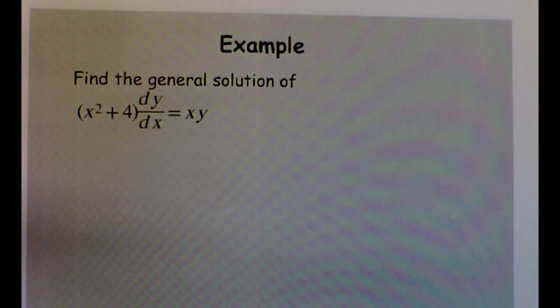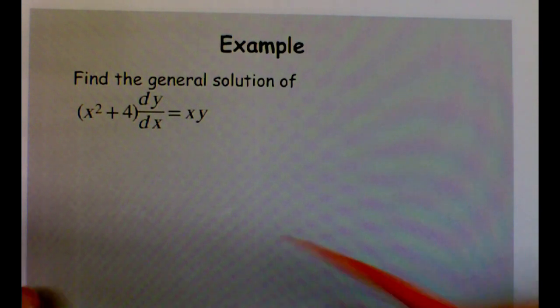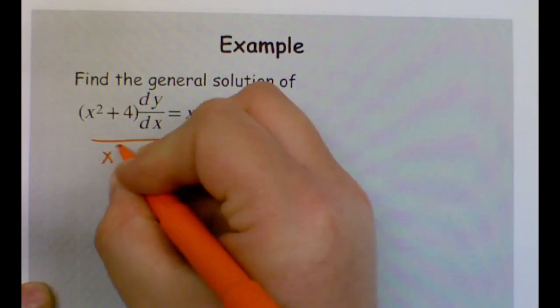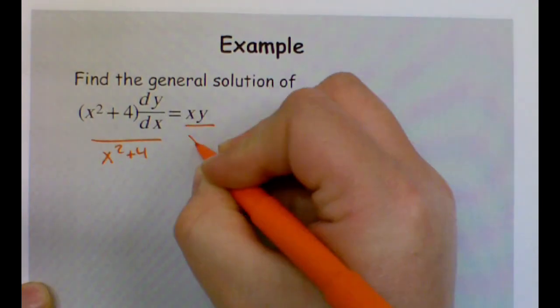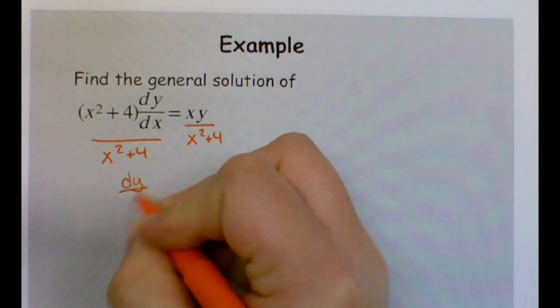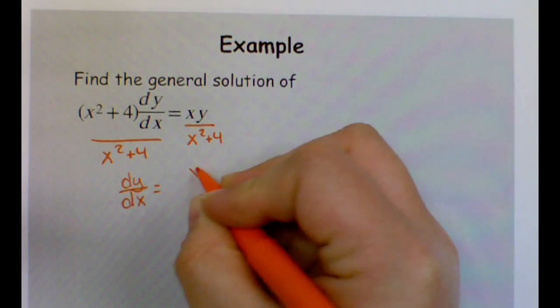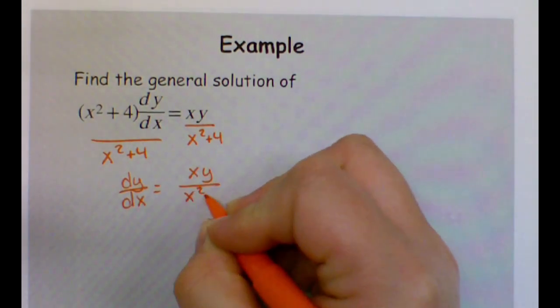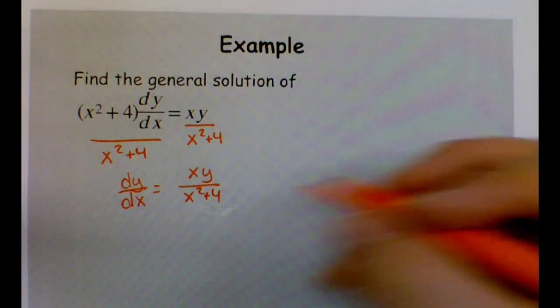So now we're going to use that to find a general solution. Step 1 is get all the x's on one side, all the y's on the other. So I would divide both sides by x squared plus 4. And then I get dy/dx equals xy over x squared plus 4. Well, I don't want that y on the right side.